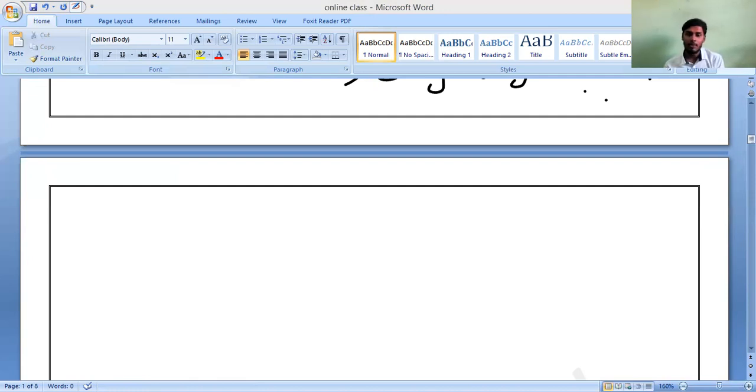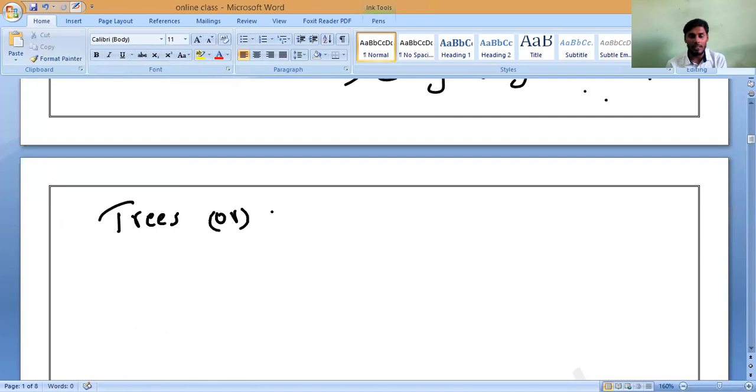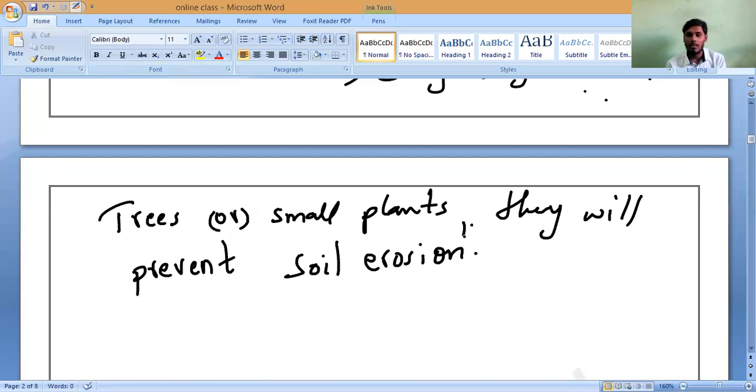What will happen? Even grass, small plants also, they will prevent soil erosion. Understand that, Chaitanya?